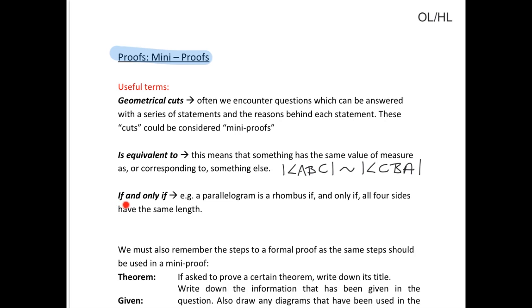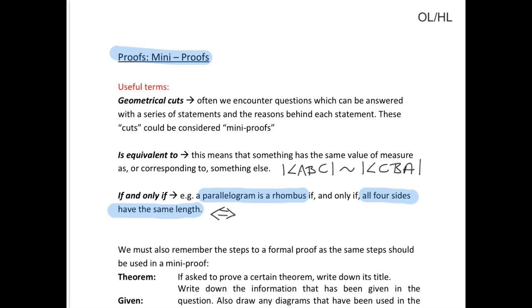The second term is "if and only if", and an example of that is a parallelogram is a rhombus if and only if all four sides have the same length. What "if and only if" means, and is often denoted by this arrow here, so it's like the implies arrow, but with a second piece written backwards like this. What "if and only if" means is that if one side of this statement is true, that means the other is true.